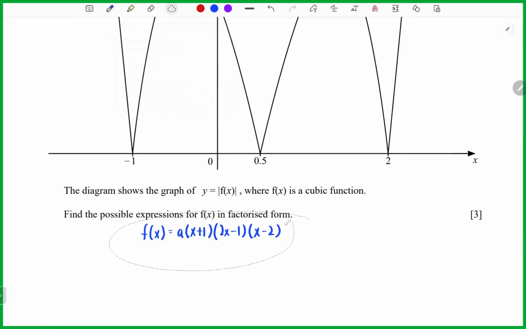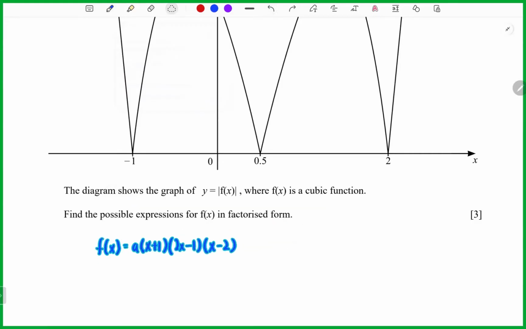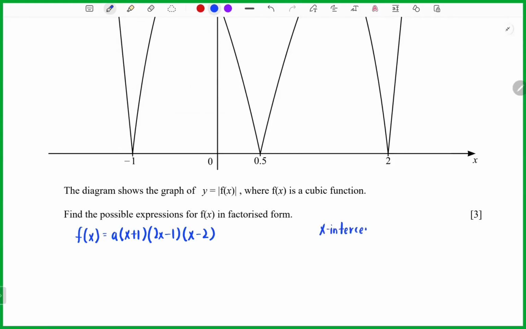Now I need to write out the x-intercepts first: x equals negative 1, x equals 1 over 2, so 2x minus 1 equals 0.